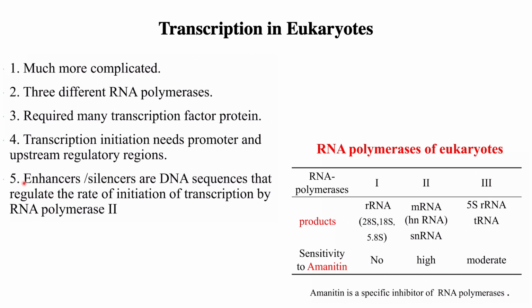For example, if an enhancer element is present before the promoter, it enhances the transcription, that is, it increases the rate of transcription of a particular RNA, whereas in the presence of a silencer, the transcription of that RNA is suppressed.